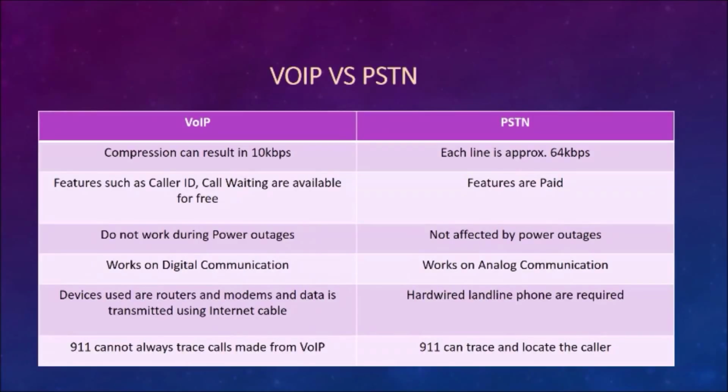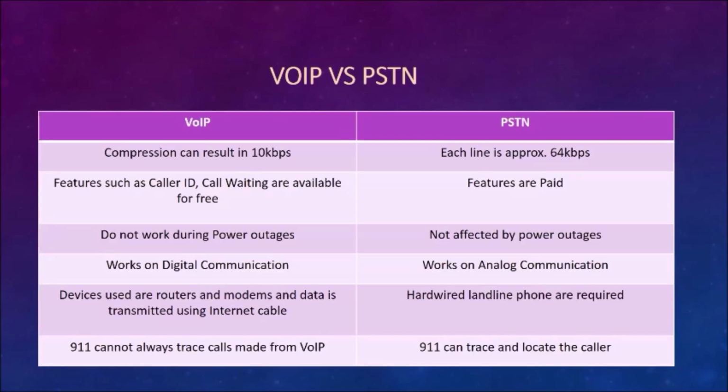VoIP and traditional PSTN differ as follows. VoIP transmits voice signals over the Internet by compressing the data to almost 10 kbps, hence it uses very little bandwidth. PSTN needs almost 64 kbps lines to transmit signals, which is a lot in comparison to VoIP bandwidth. VoIP provides features such as caller ID and call waiting for free, whereas PSTN users are charged for these features.